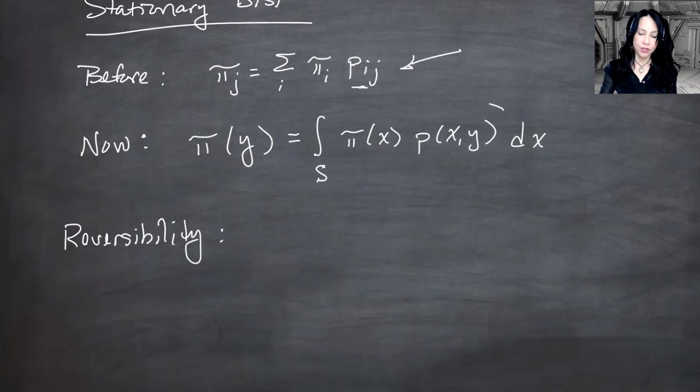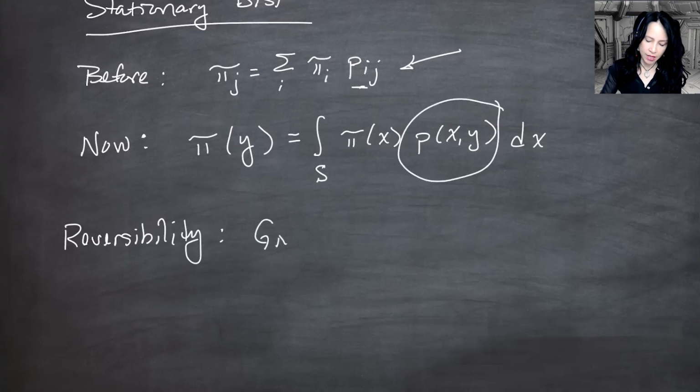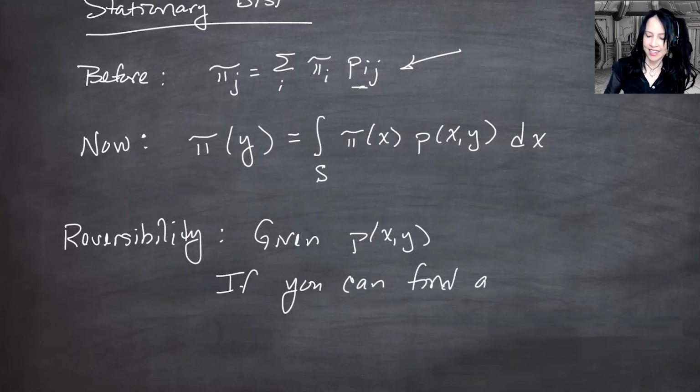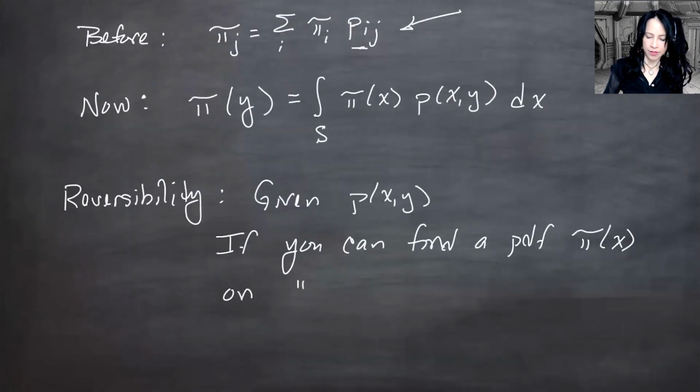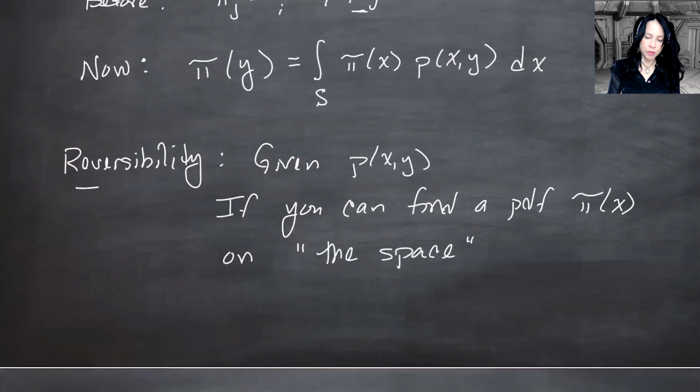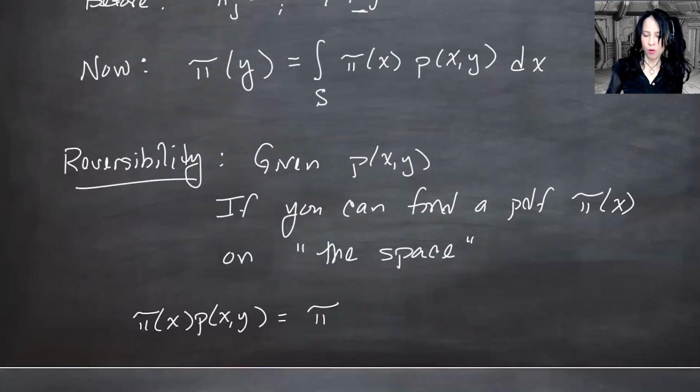If you are given transition probabilities P(x, y), and you can find a PDF pi of x on the space, whatever space you're working on, then the reversibility or detailed balance condition now looks like this. Pi of x, P(x, y) equals pi of y, P(y, x).